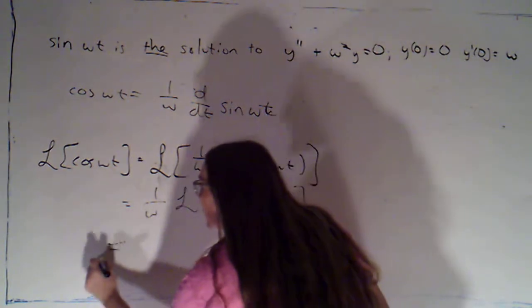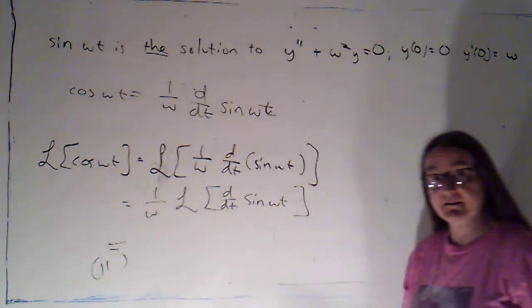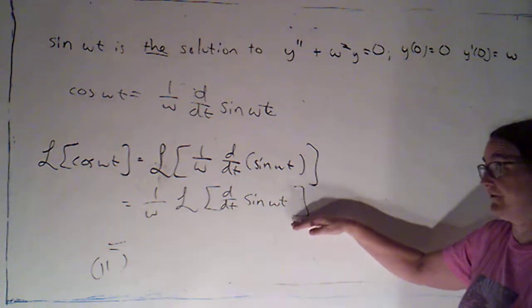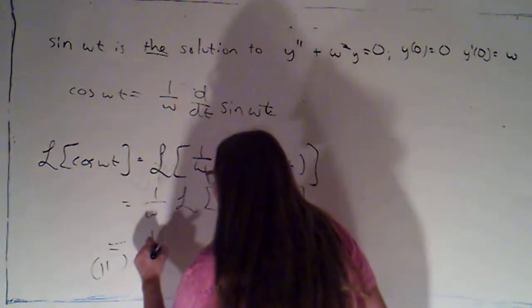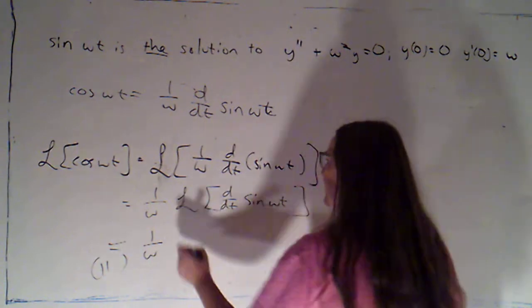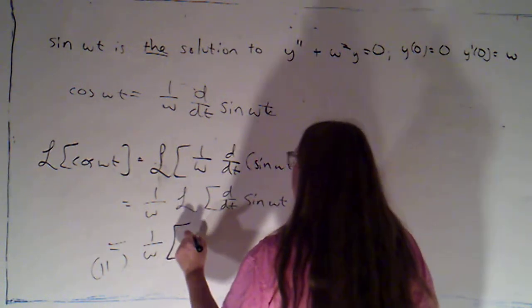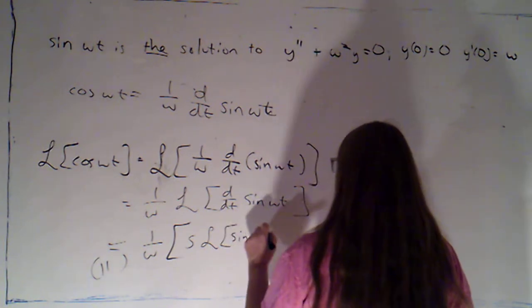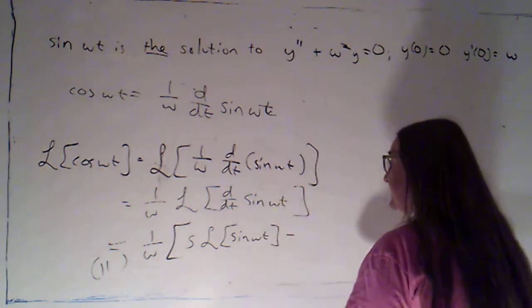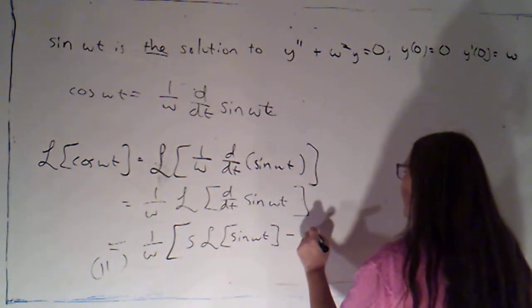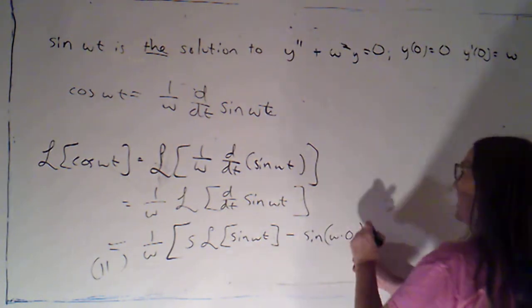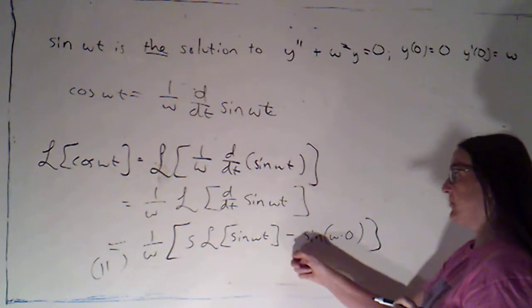And so now I'm going to use formula 11 for taking the Laplace transform of a derivative again. So that's going to be 1 over omega times s times the Laplace transform of sine omega t minus my function evaluated at 0.